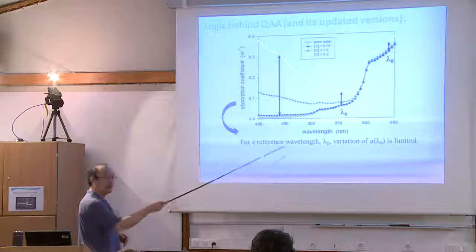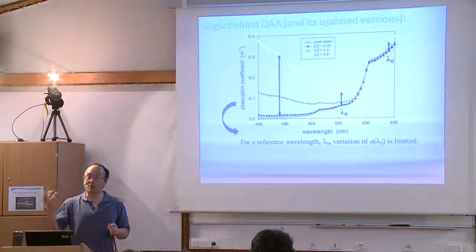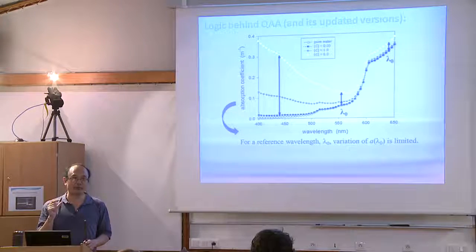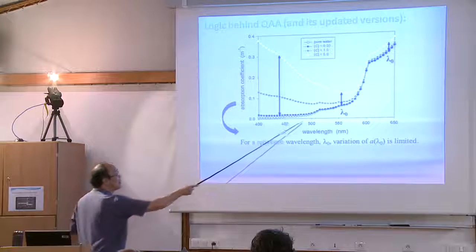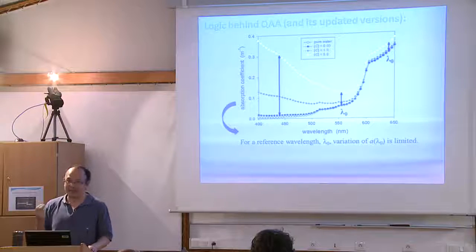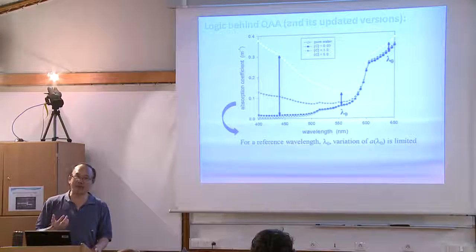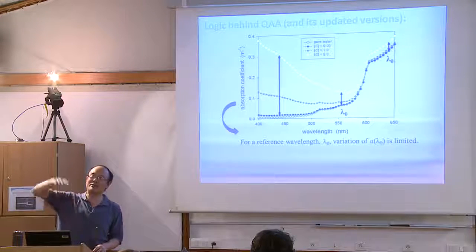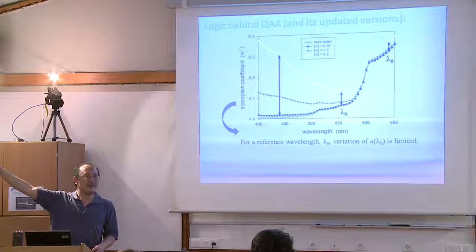Basically, in the longer wavelengths, the range of variability of the total absorption is very narrow, because of the domination of the pure water absorption coefficient. So I can have a good estimation. Then you may think, why not use even longer wavelengths? Use 750, you can have even higher accuracy.